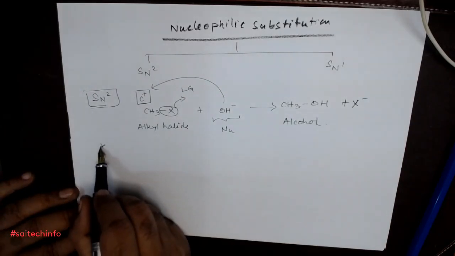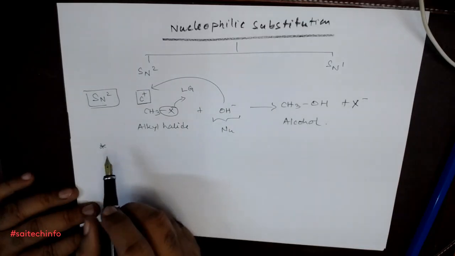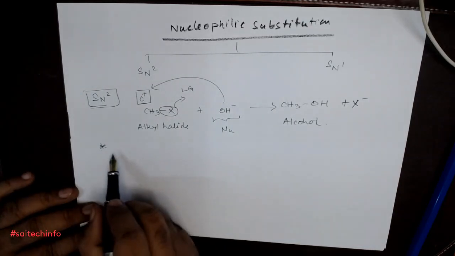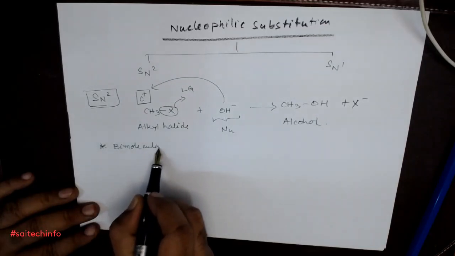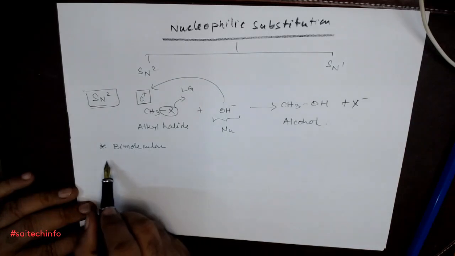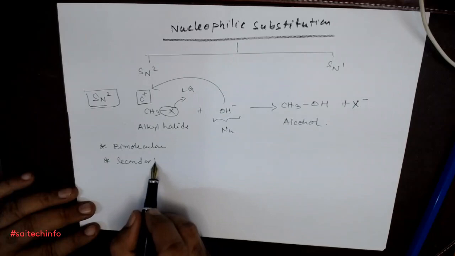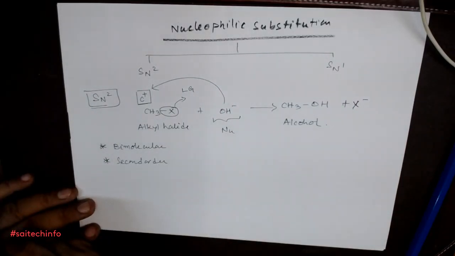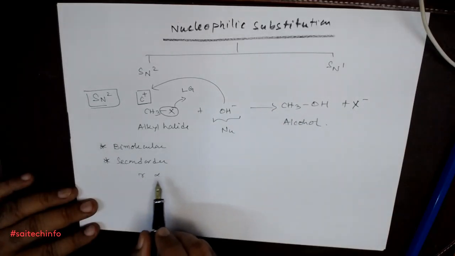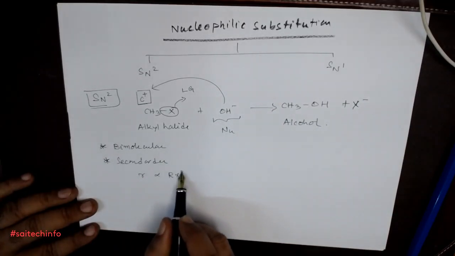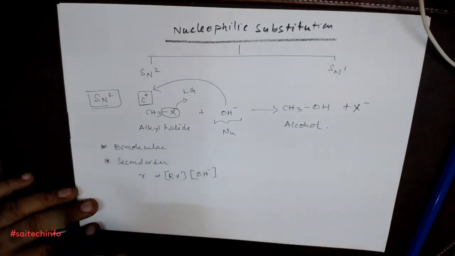The speciality about the nucleophilic substitution reaction 2 is that it is second order. Actually, it is a bimolecular reaction. Second order reaction means the rate of the reaction depends on the alkyl halide and also on the hydroxyl ion present here.